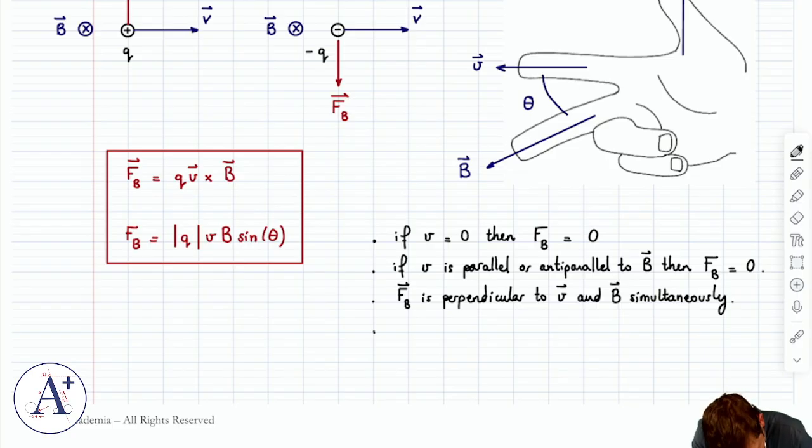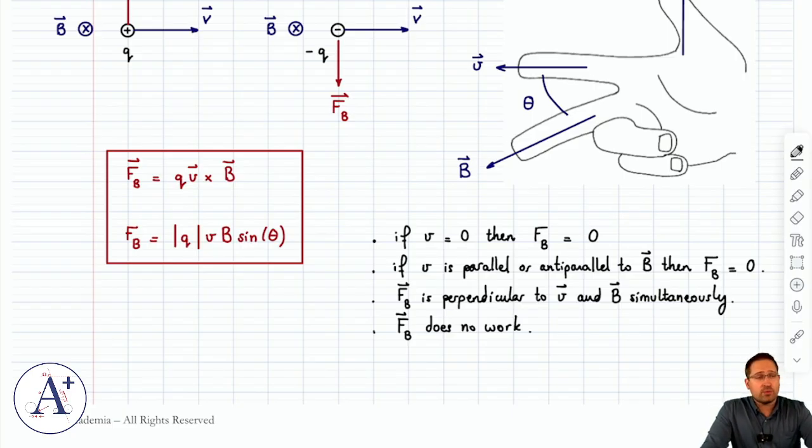So FB, the magnetic force, does no work. And since it's been a while since 8A and work, remember that what work measures is how much energy the force either provides the system with or removes from the system as the system undergoes a displacement.